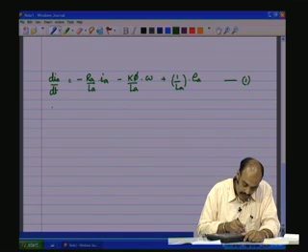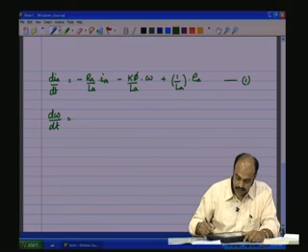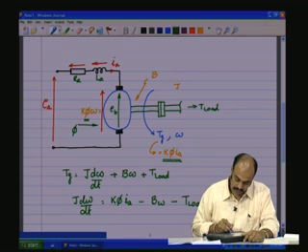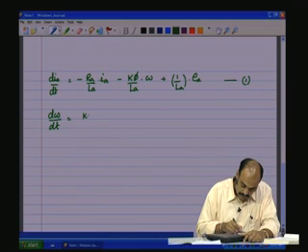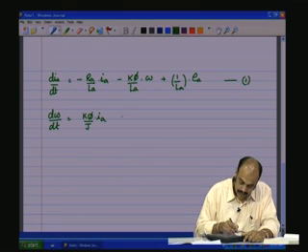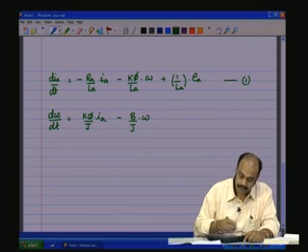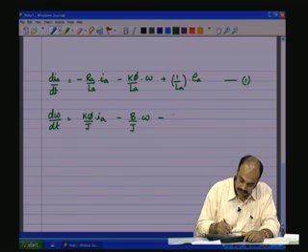Then we have d omega by dt, which is the mechanical equation. So we have for the state variable IA, K phi by J into IA minus B by J into omega minus 1 by J into T load.